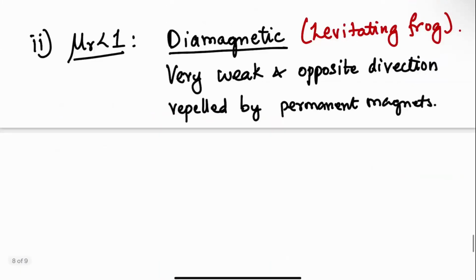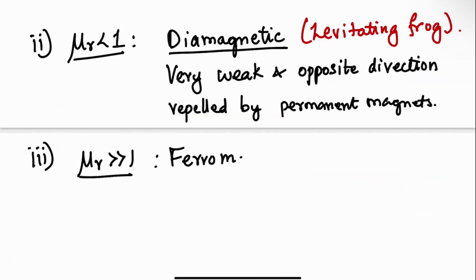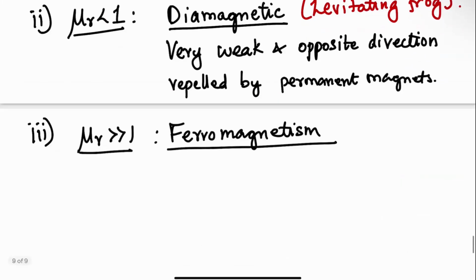Okay, then the third one is mu r much greater than 1. That's called ferromagnetism. And this is your typical fridge magnet. This is an interesting phenomenon. It's a very strong effect.